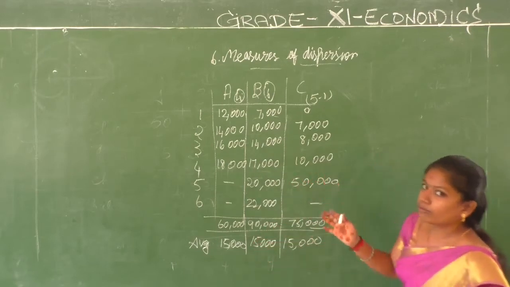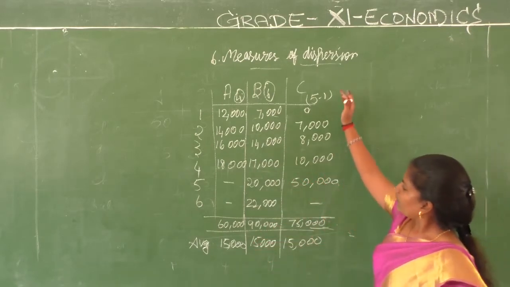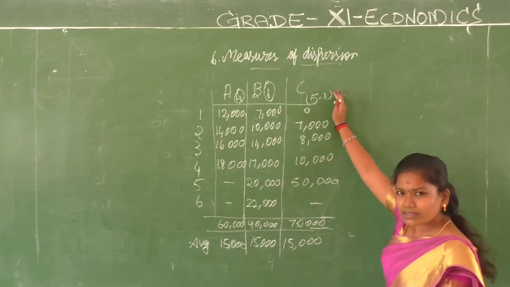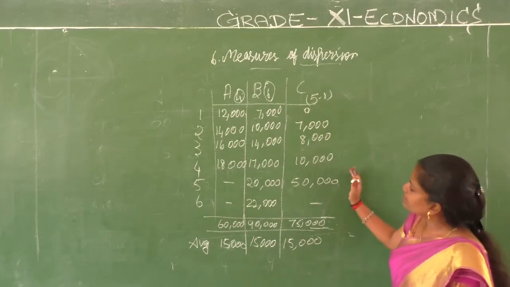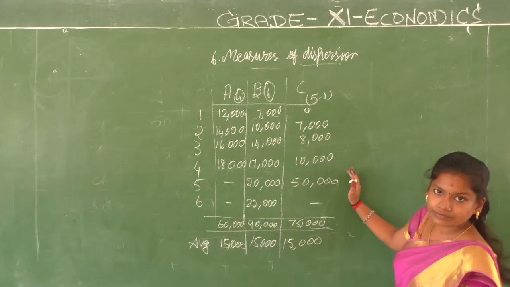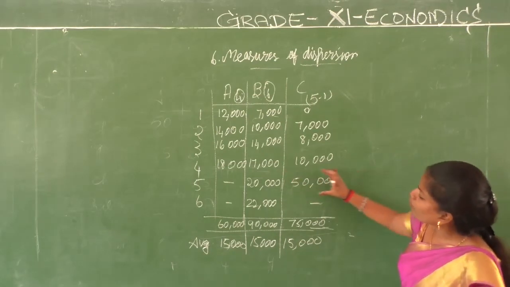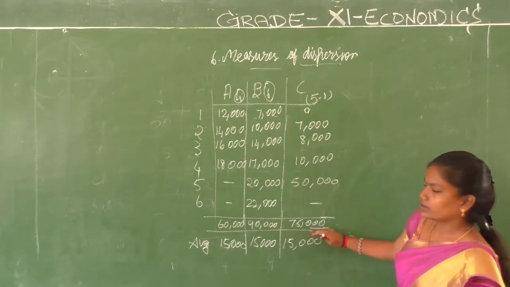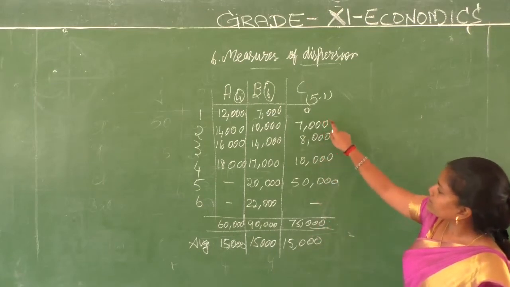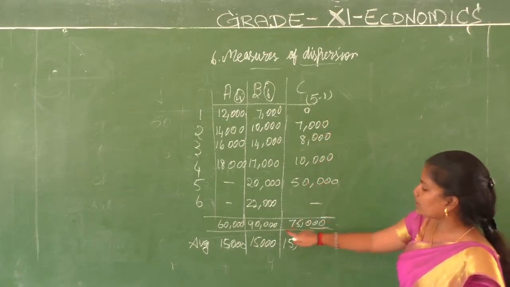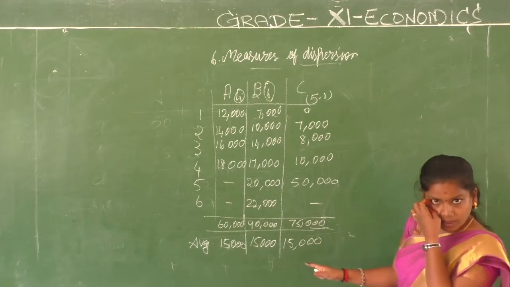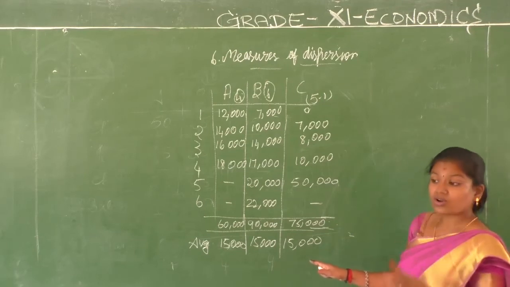But when you come to Maria's family, the lowest income that one person earns is 7,000, the highest income that one person earns is 50,000. One person is earning more in the family, that's why you get it. So with 7, 8, 10, 12, you won't get this average. That's what we have discussed already.